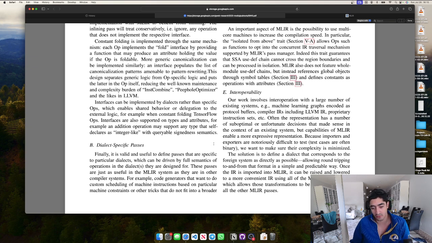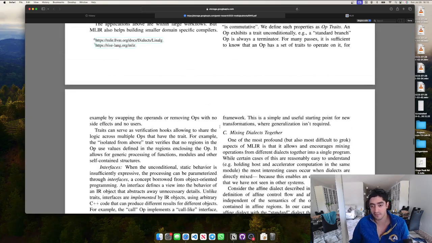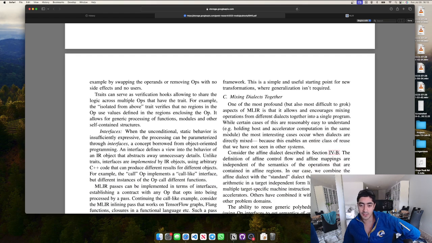For example, code generators that want to do custom scheduling of machine instructions based on particular machine constraints or other tricks that do not fit into a broader framework. This is a simple and useful starting point for new transformations where generalization isn't required. Mixing dialects together.